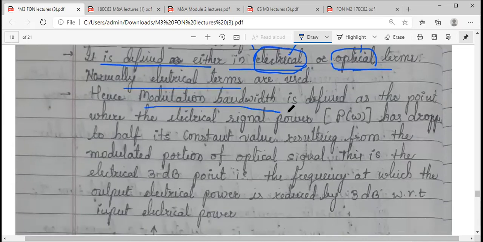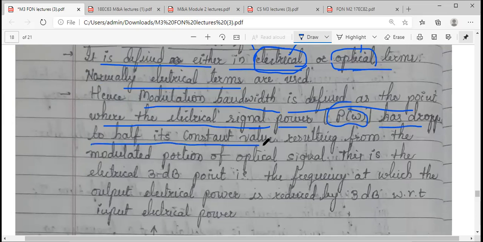The modulation bandwidth is defined as the point where the electrical signal power, P of W, has dropped to half of the constant value. What is this constant value? That is the maximum value that it can attain.